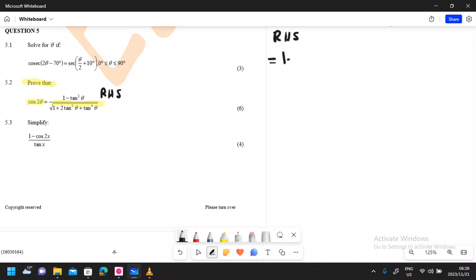So we have 1 minus tan squared theta, divided by the root of 1 plus 2 tan squared theta plus tan to the power of 4 theta.